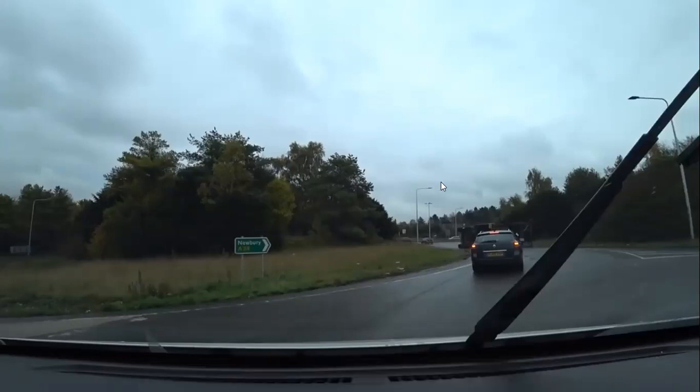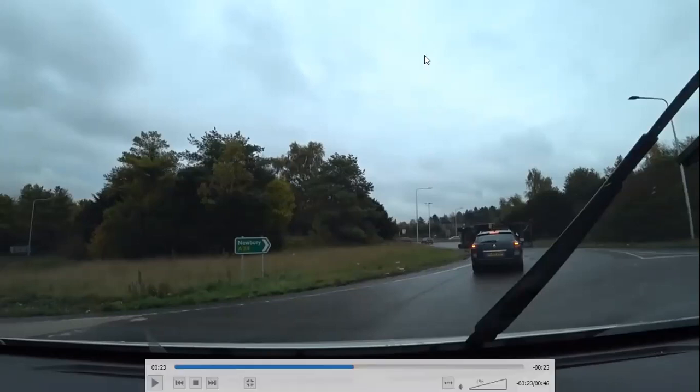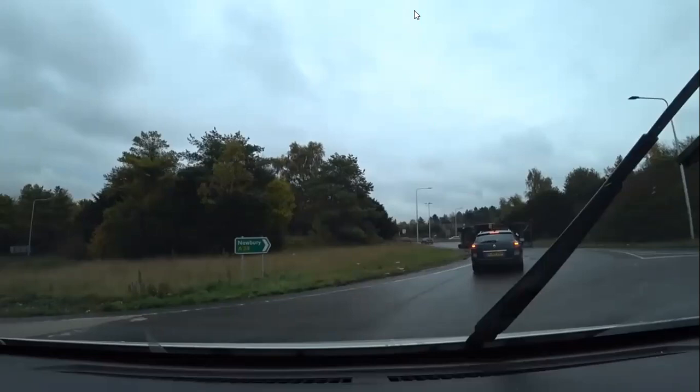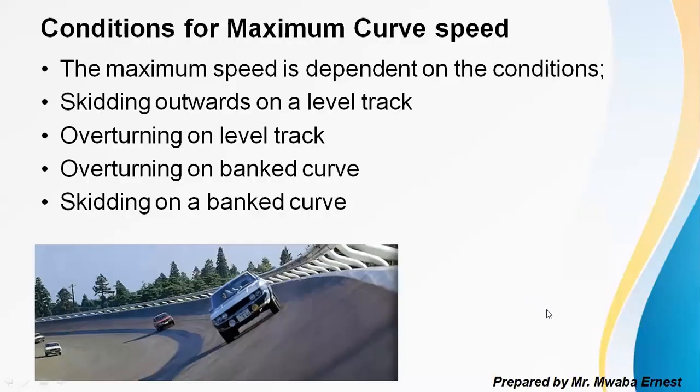So these are some of the factors that lead to accidents, but rest assured, during design, they are well taken care of. This is what we're talking about. The condition in that clip is about overturning. What may cause that?